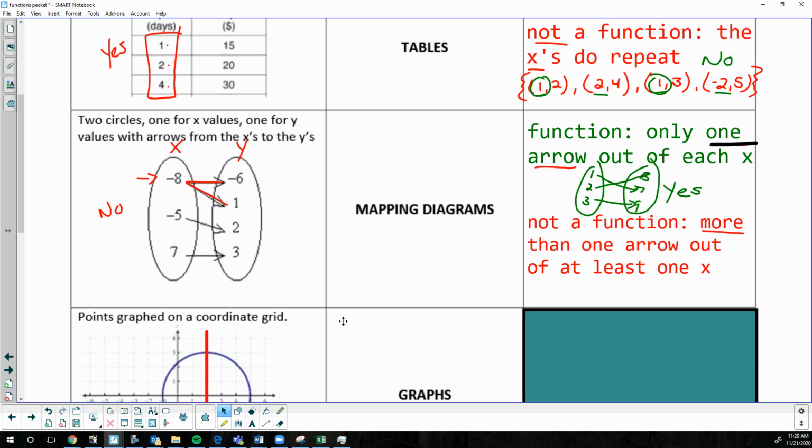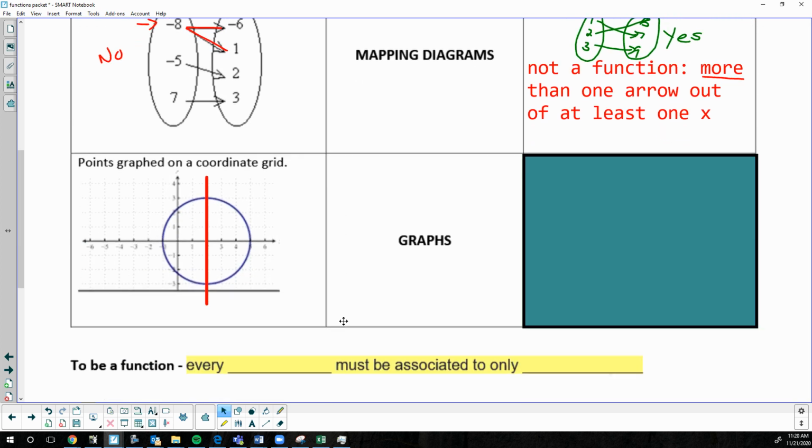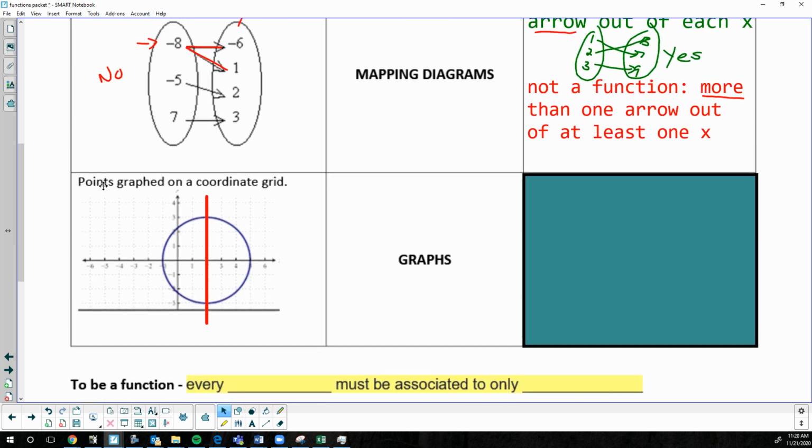Okay, last but not least, you can have a function that is a grid or a graph. The important thing to remember is that, let me move this out of the way, the actual graph is this blue circle, okay? This line right here is an axis. It is a background.